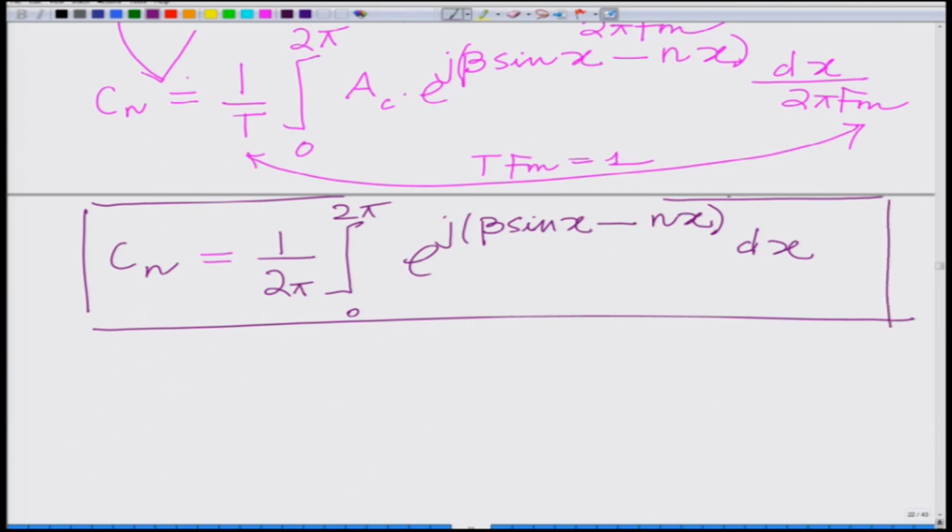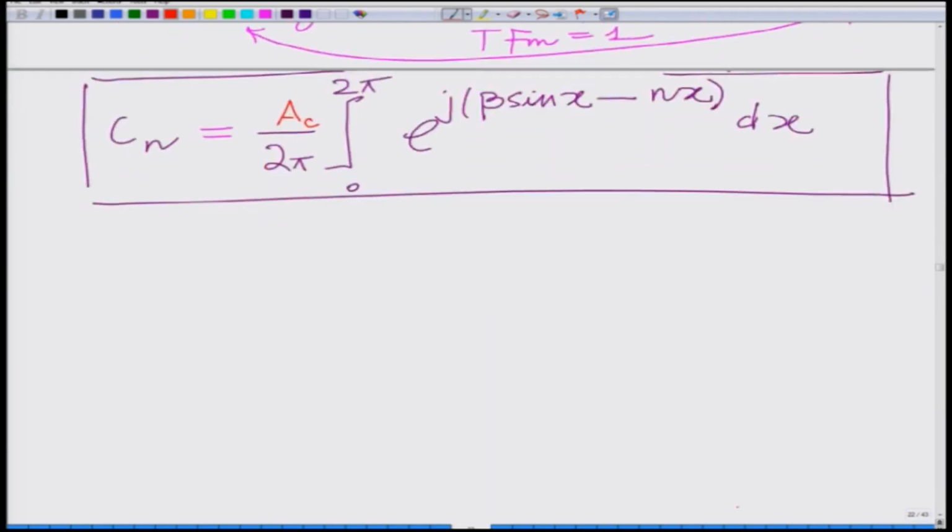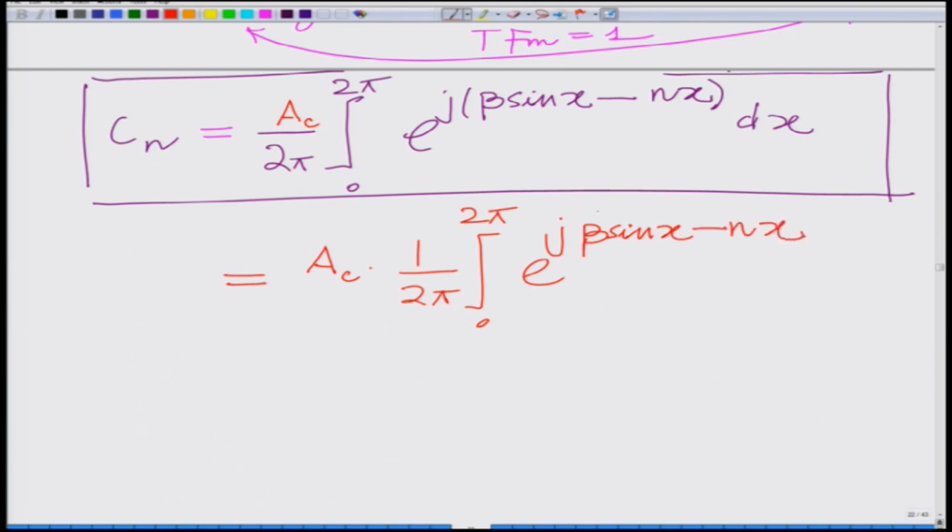That will be your Cn. In fact, I have an Ac also, so let me write this as Ac into 1 over 2 pi integral 0 to 2 pi e to the power of j beta sin x minus n x dx, and now you can see this is a standard integral.